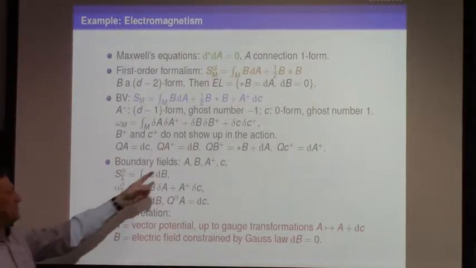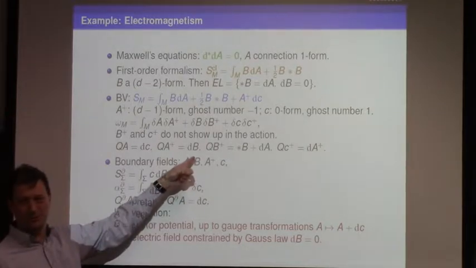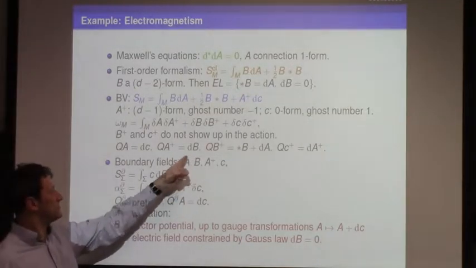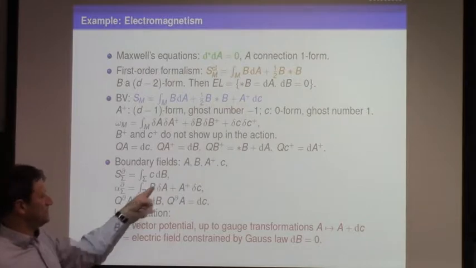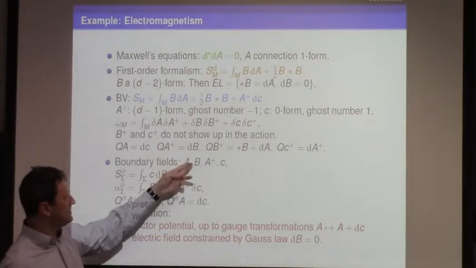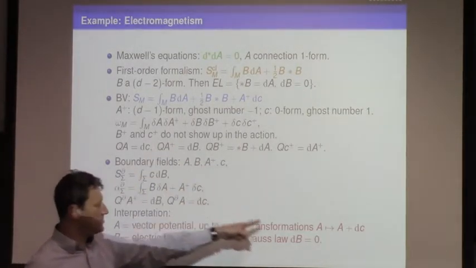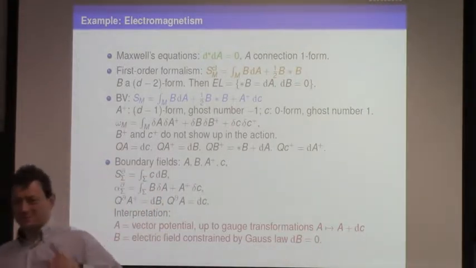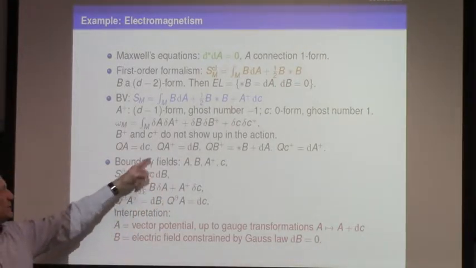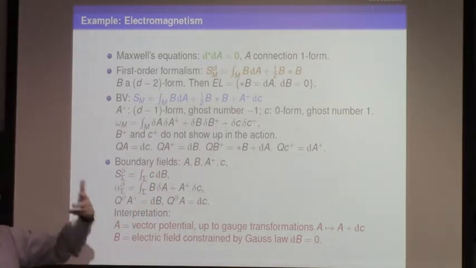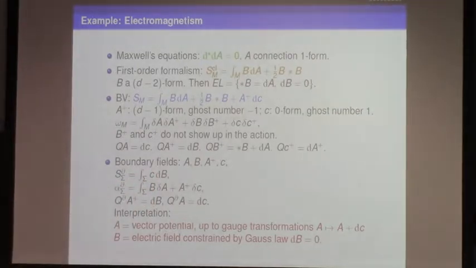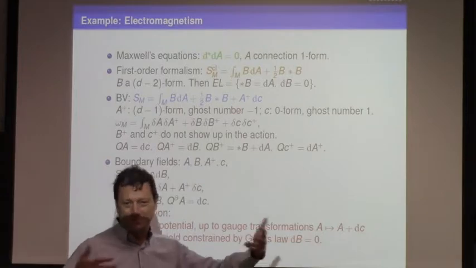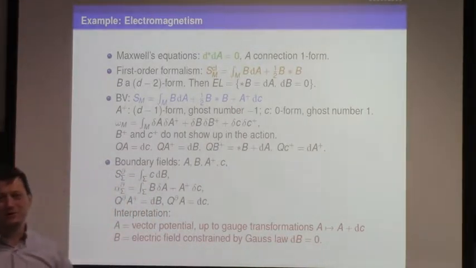You have the potential A and the d minus 2 form B that are just paired together by the symplectic form. And you go to the locus of the equation dB equal to 0. This is a Gauss law. You should think of this dually: this d minus 2 form B is essentially the electric field, and the equation dB equal to 0 is another way of writing that the divergence of the electric field should be 0.